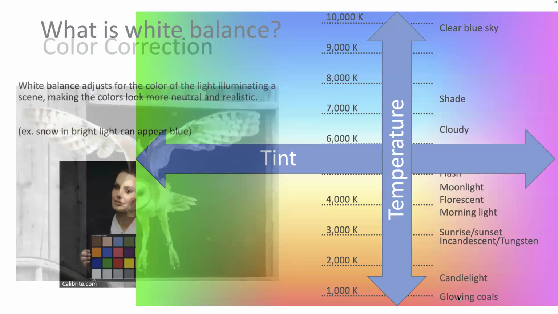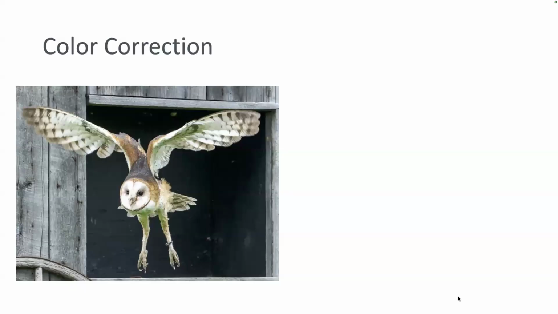So let's talk a little bit about color correction. I took this picture of a barn owl at the local raptor center up in Ontario, Canada. So one thing that's wrong with this owl is its wings look green, right? When I took this picture, its white wings look green. So where did that green come from, right?